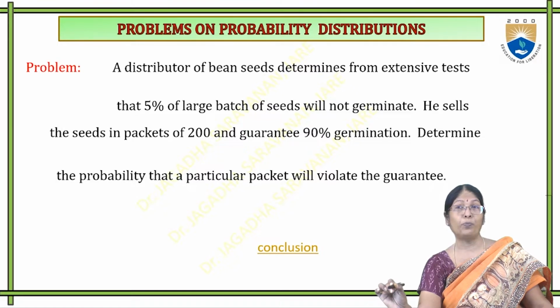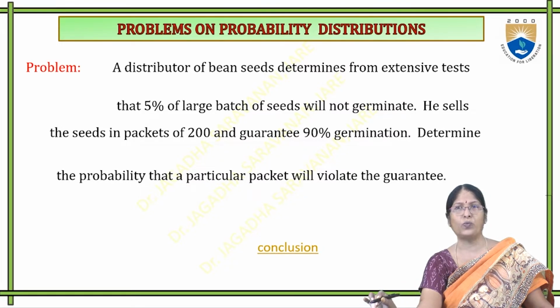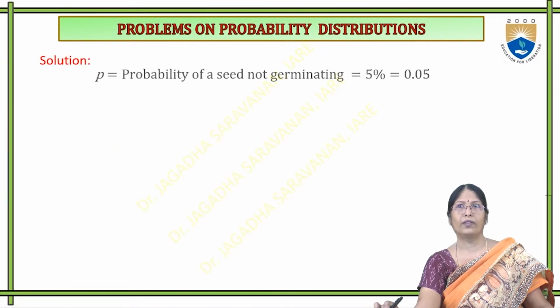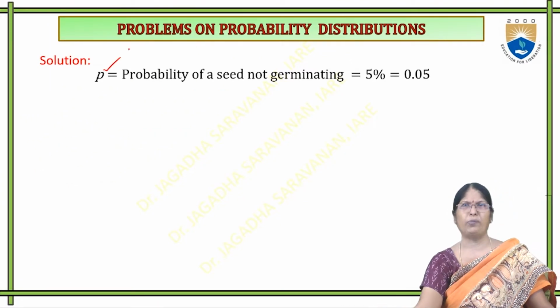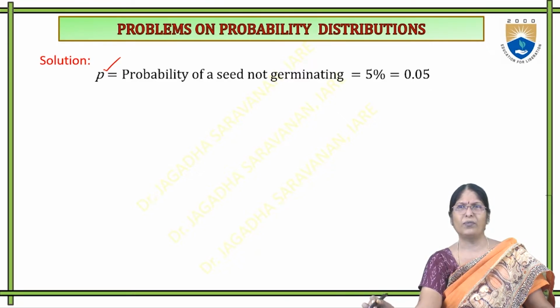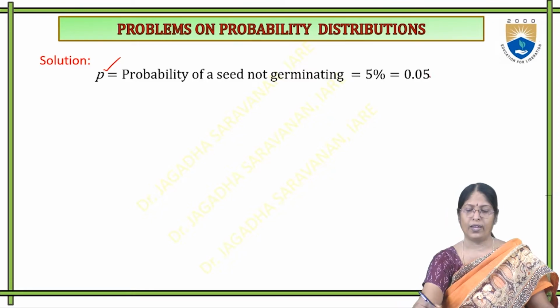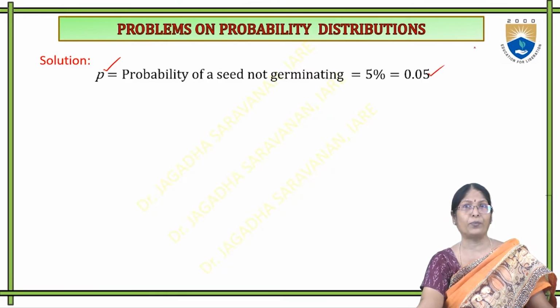First, we have to pick what the target is. The total seeds, 5% will not germinate, and that we have to accept. That is our P, the probability of success, the data satisfying the problem condition. 5% of seeds won't germinate, so 5 by 100, which is 0.05.